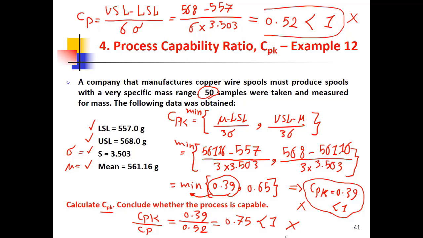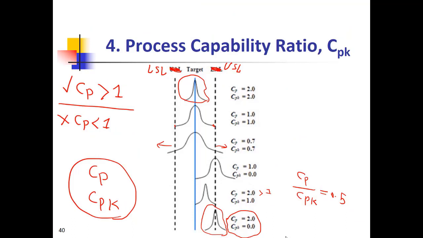So you know which case it can be. It can be a case like this. CP is smaller than 1, CPK, no, it's not even this case.